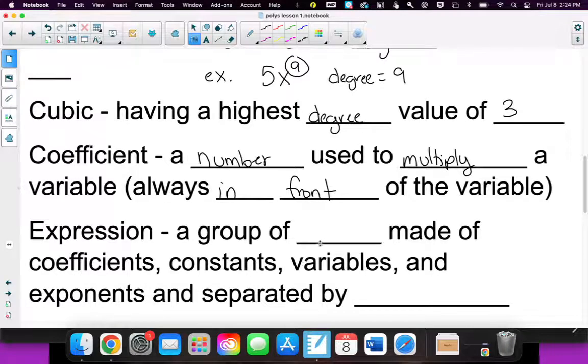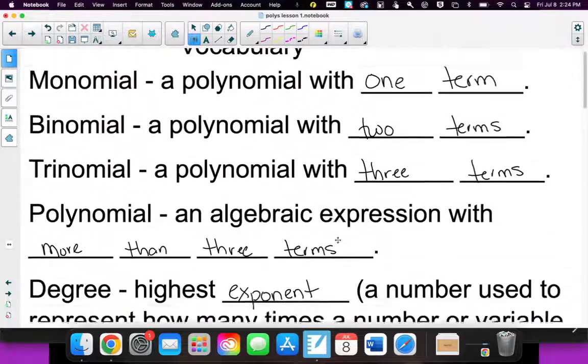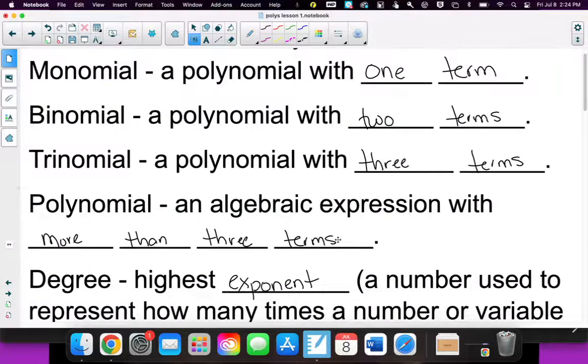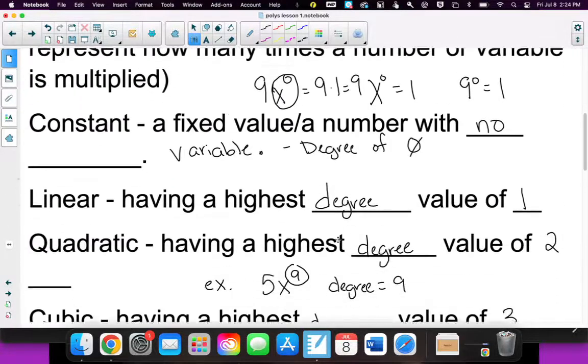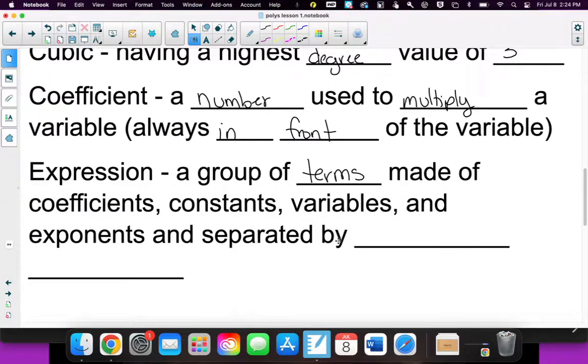Okay, so an expression is a group of terms, okay? Each of those terms, we already talked about this before, right? We already talked about this before on the definition of a polynomial. It's made up of coefficients, constants, and variables, right? and exponents. If I want more than one of these terms, then they have to be separated by addition or subtraction.